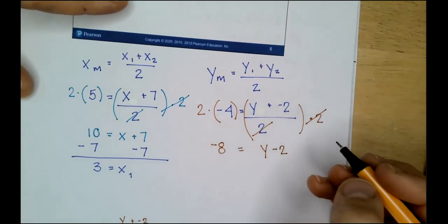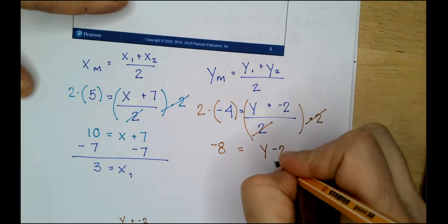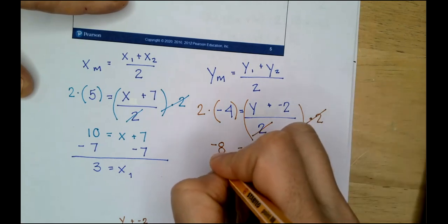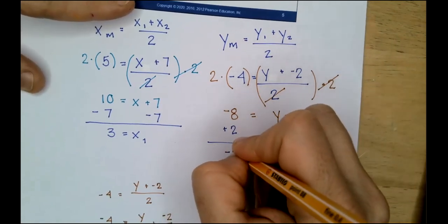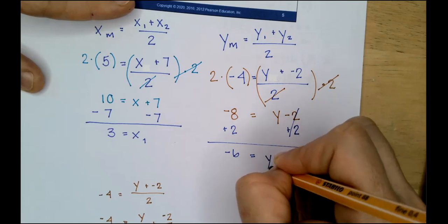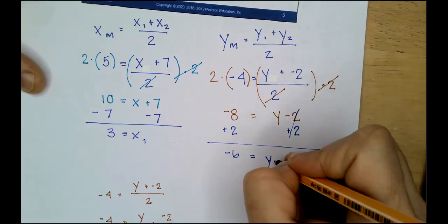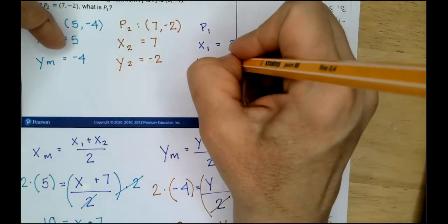So -8 equals y minus 2. Now I want to isolate y, so I'm going to add 2. Add 2. -8 plus 2 is a -6 because 8 minus 2 is 6. So the y value of my first endpoint is -6.